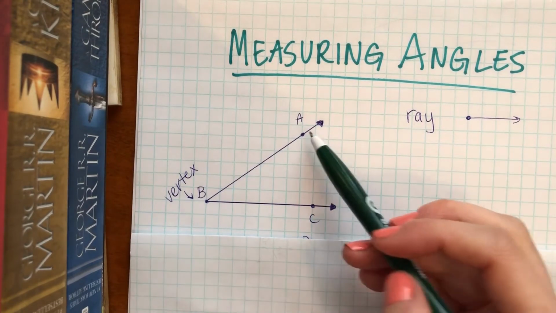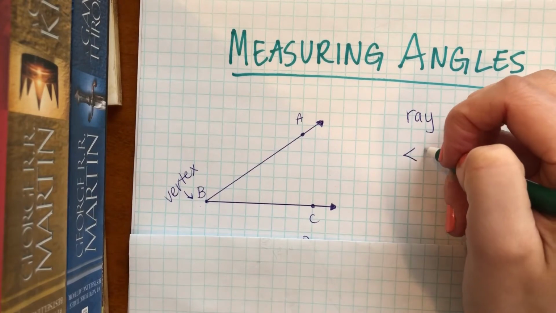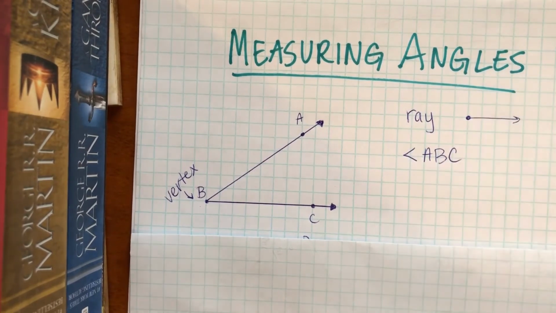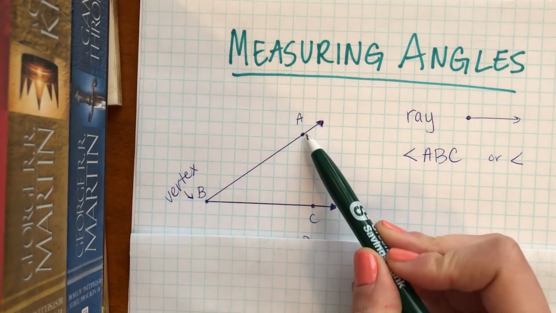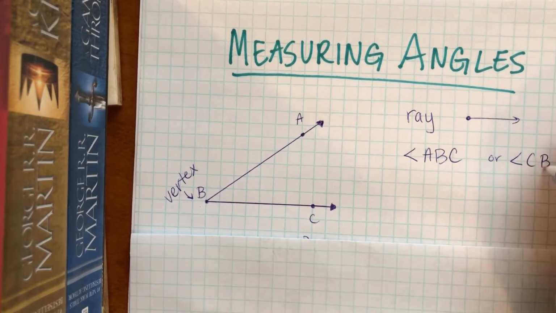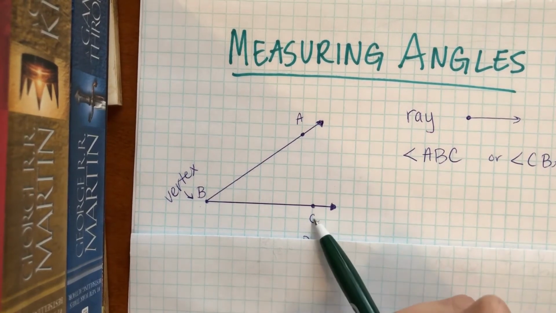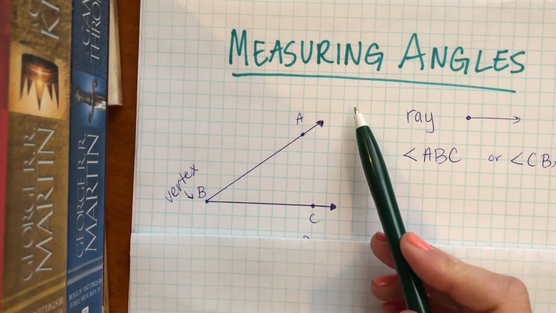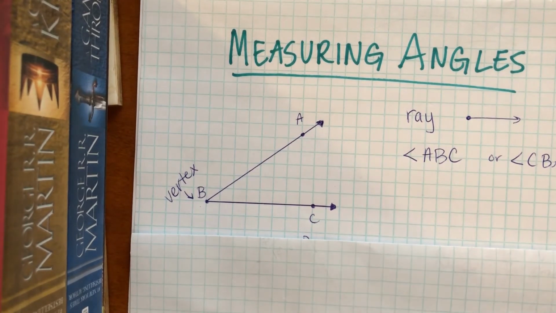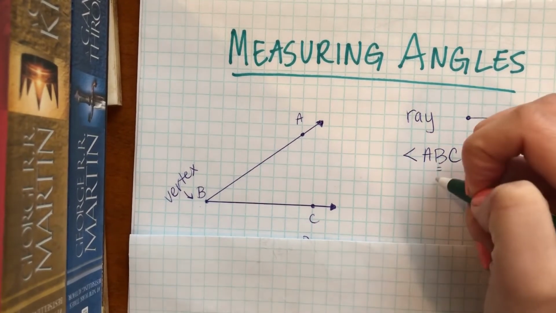We can call it angle ABC, or we could call it angle CBA. Those are the two options because it starts with one of the letters, moves to the vertex B, and then goes through the other letter. It describes how the angle is formed. So when you're naming an angle, the vertex has to be in the middle.